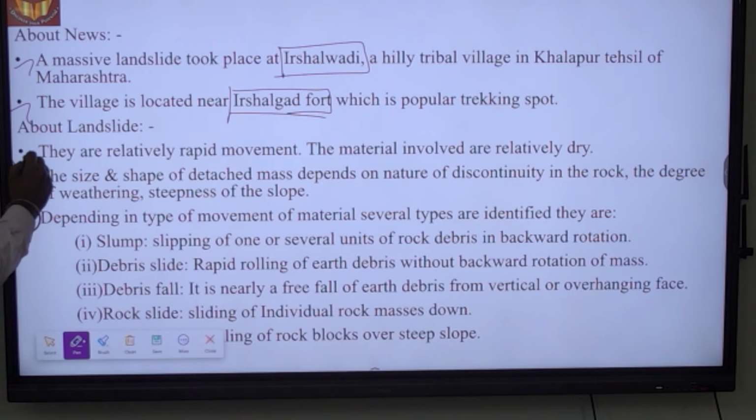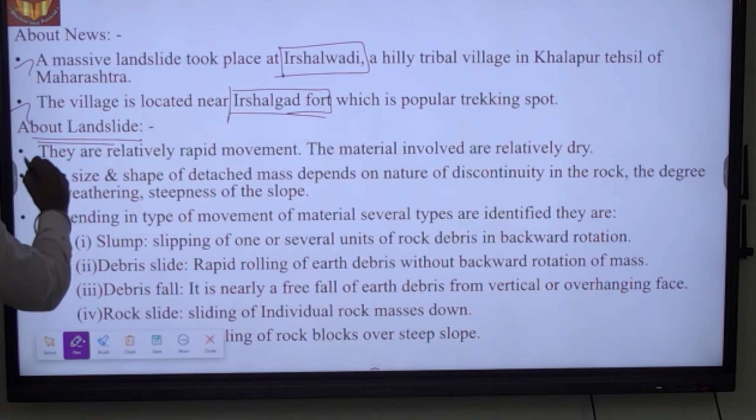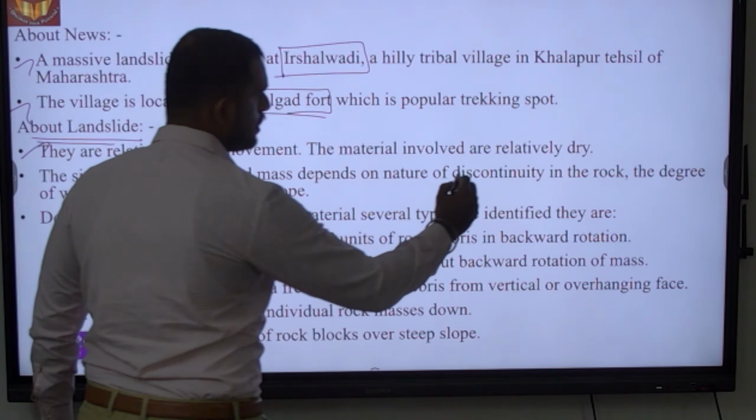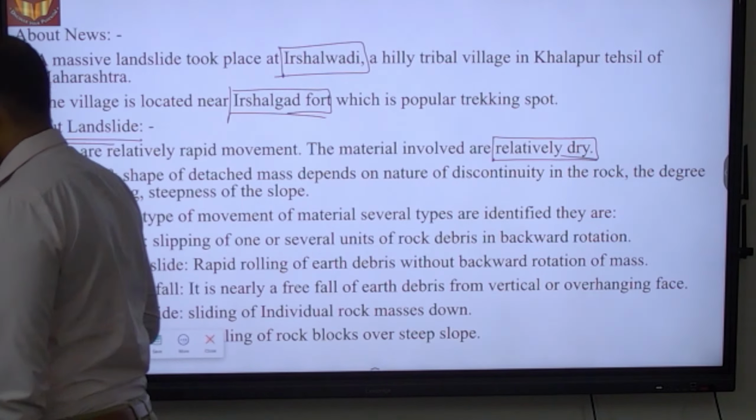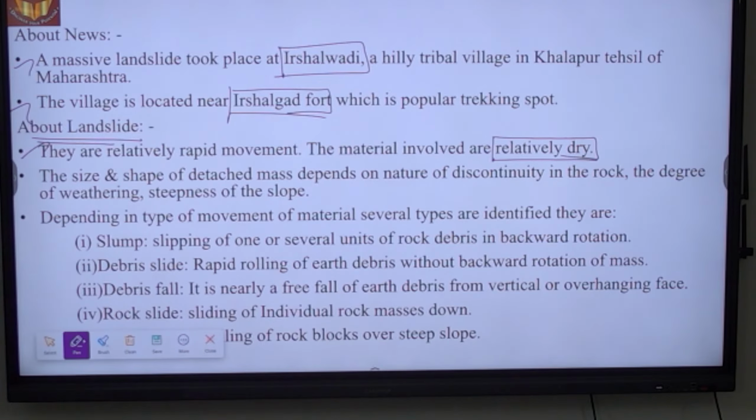So what does a landslide mean? They are relatively rapid movements of rock debris or the rock itself. The material involved in the slide will be relatively dry when compared to the other materials present in the region.